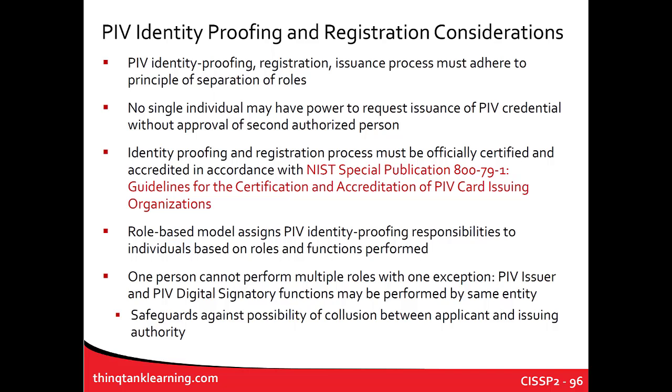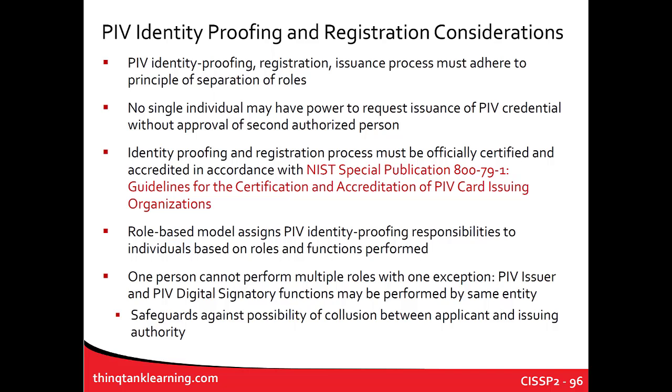The PIV identity proofing, registration, and issuance process must adhere to the principle of separation of roles. No single individual may have the power to request the issuance of a PIV credential without the approval of a second authorized person. In other words, one person cannot perform multiple roles.